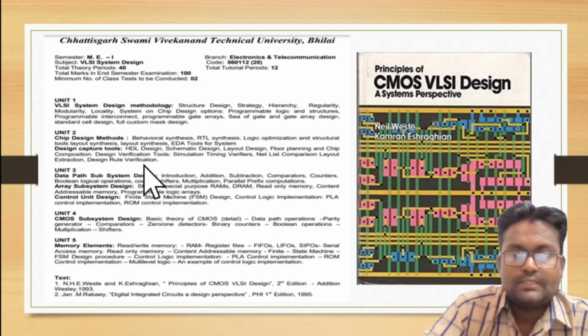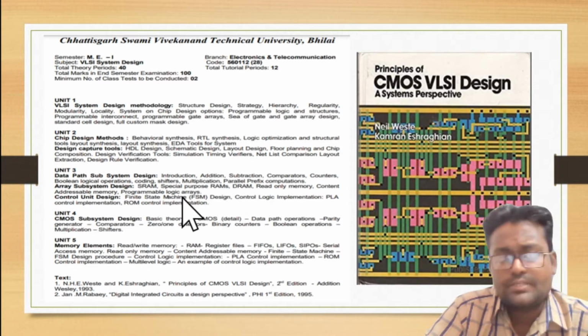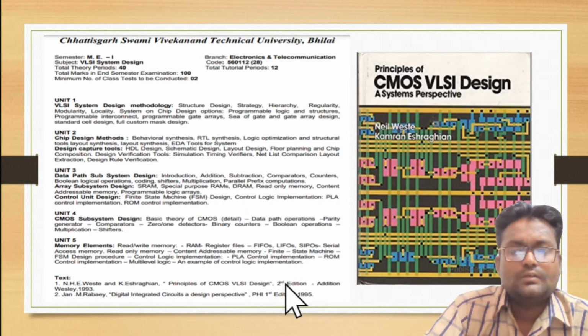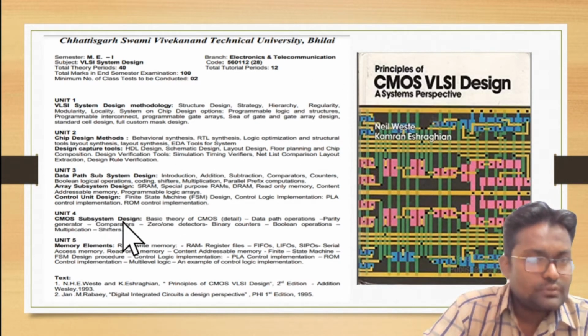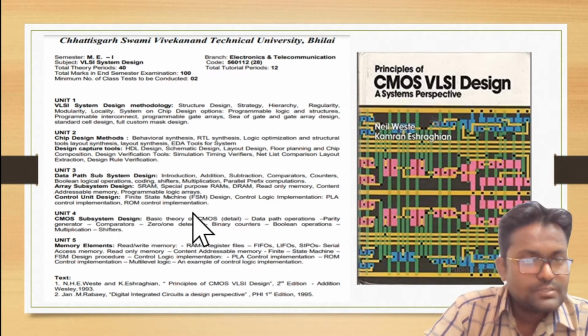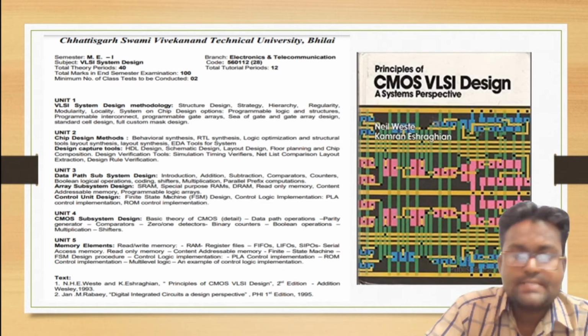And by using those memory cells, we design various types of multiplexers, shifter circuits, some combinational circuits, some sequential circuits. And in unit 4, CMOS subsystem design, we will discuss some basic theory of CMOS, some data path operations, zero-one detector, etc.